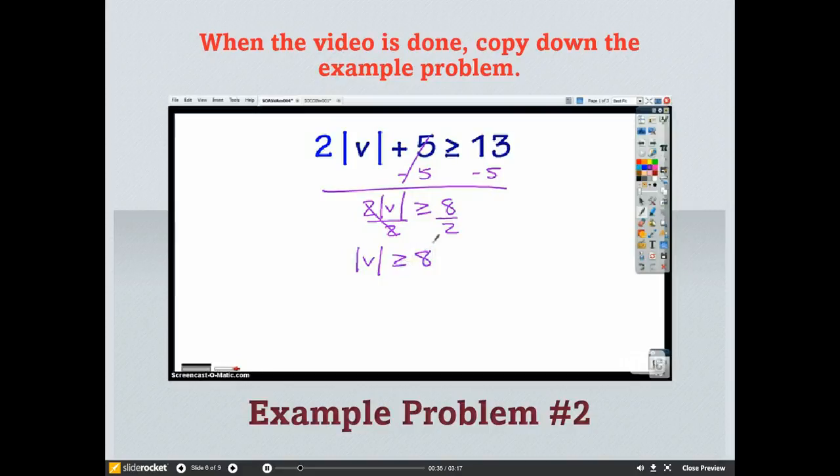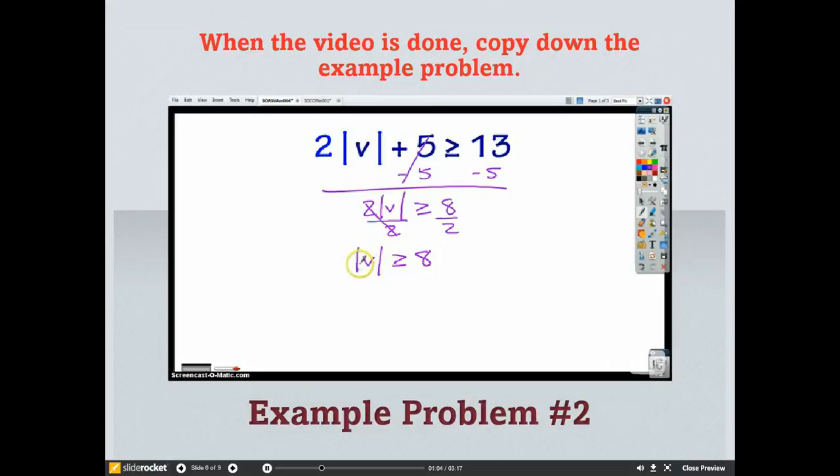Now, once again, one way you could figure this out is to just think about what would work for v. I'm thinking as far as positive numbers go, like 8, 9, 10, 10.5, 11 3/4. All these numbers, when I take the absolute value of them, they are greater than or equal to 8. But now I have to think about all the negatives. Well, if you think negative numbers, you think -8, -9, -10, -10.5, and so forth.